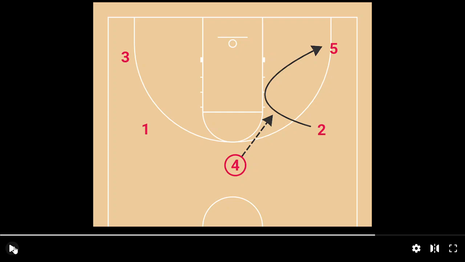If number 4 can give that ball to him, that's great, because number 2 will then have a scoring opportunity. He can try a layup, he can try to finish somewhere in the paint by shooting. If he cannot receive the ball during the cut, as soon as he hits the lane, he goes back to the right side corner.